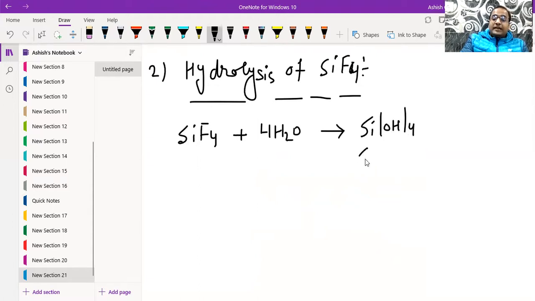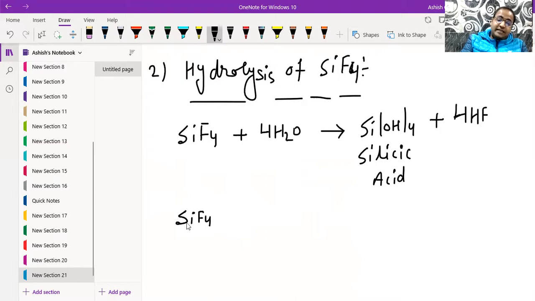Si(OH)4, that is known as silicic acid, plus I will get 4 moles of HF. Now what's the scenario? Some of the SiF4 gets converted into Si(OH)4. The SiF4 which is left reacts with 4HF.